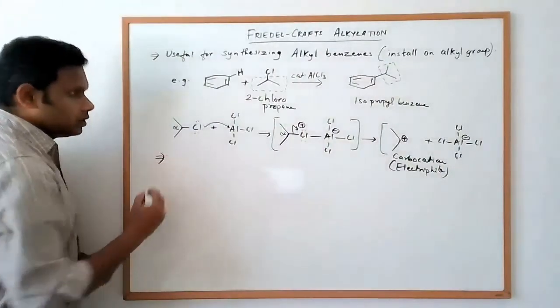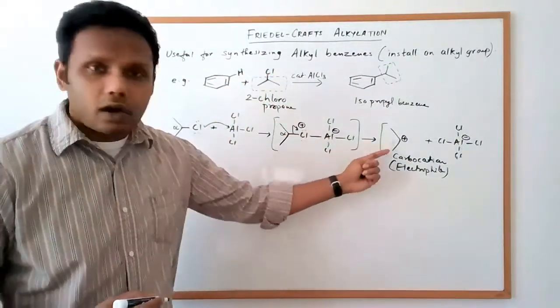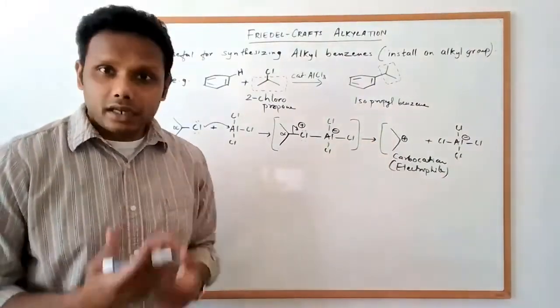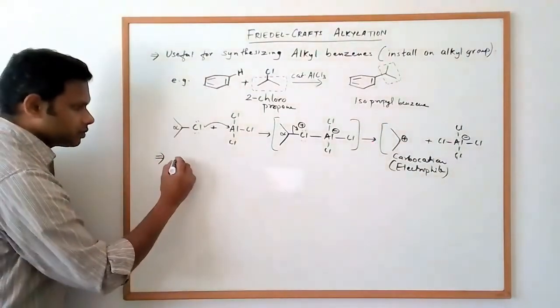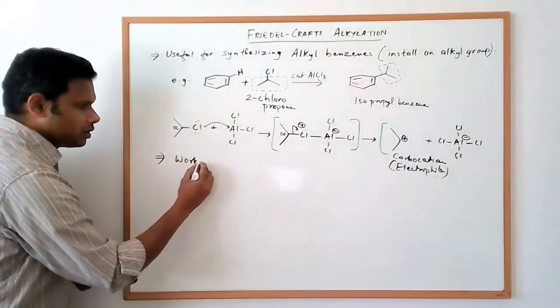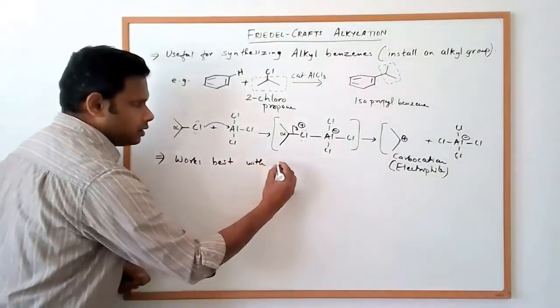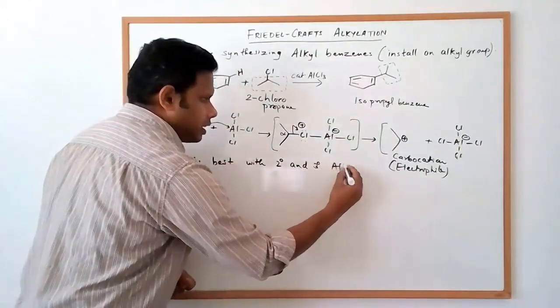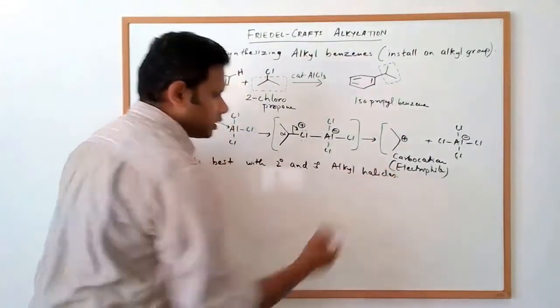Now, since the mechanism involves a carbocation as an electrophilic intermediate, this means the Friedel-Crafts reaction works best with secondary and tertiary alkyl halides.